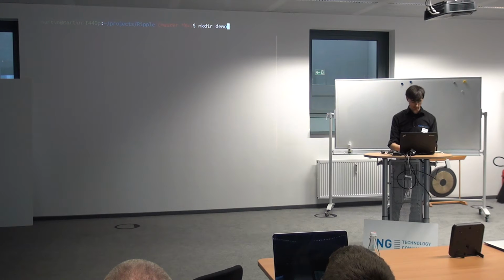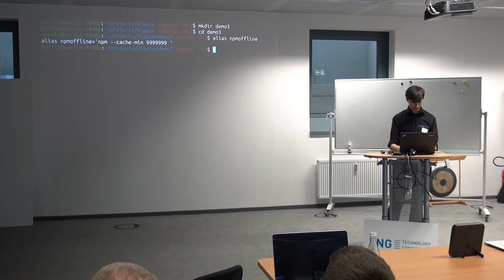Let's create just a directory. And as I said, that's basically a node module, so I'm not going to download the internet, so I just have this cache alias here. So what I do is simply install Ripple-Lib.